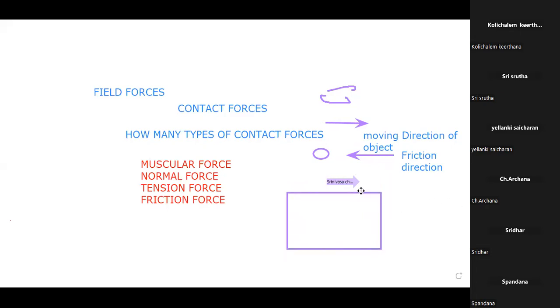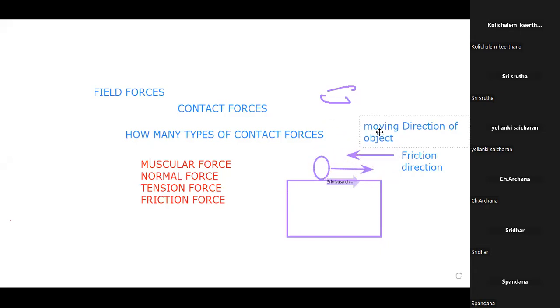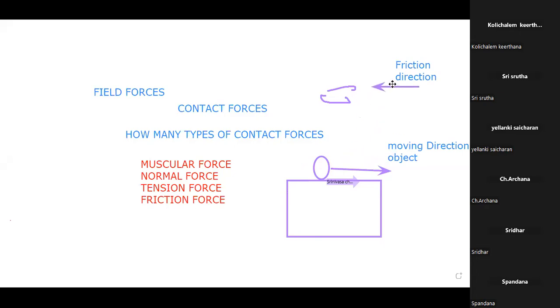If the ball is moving in this direction, the object is moving in this direction. What happens here? Can anybody expect what is the direction of the force applied on that particular body?